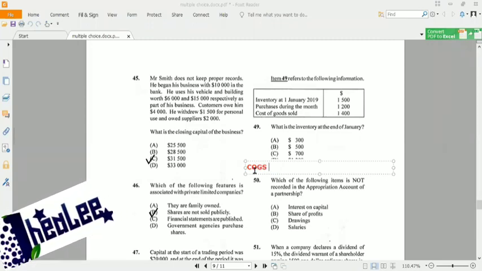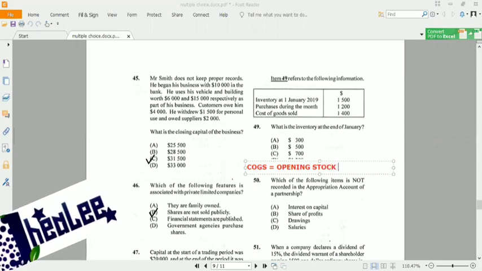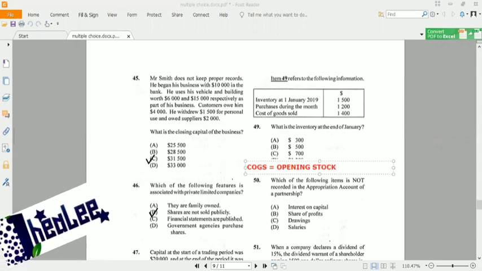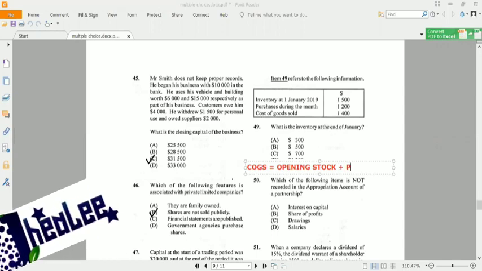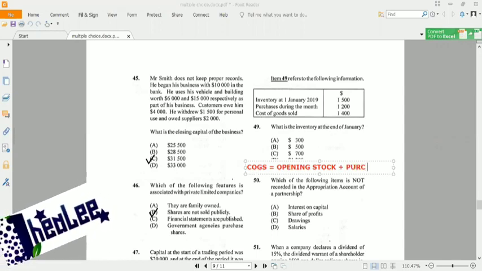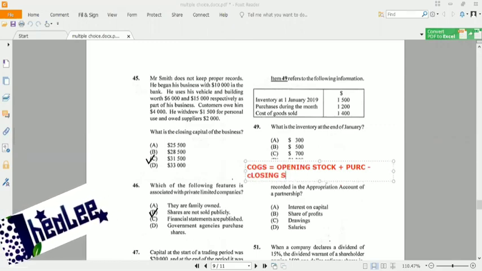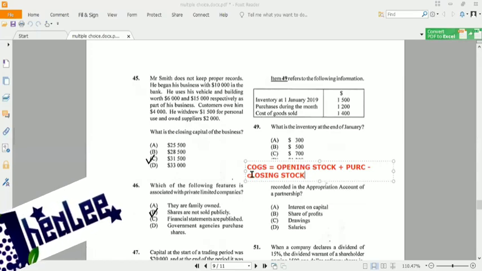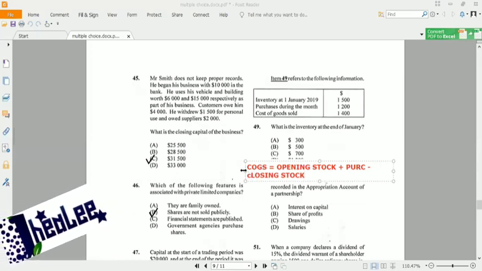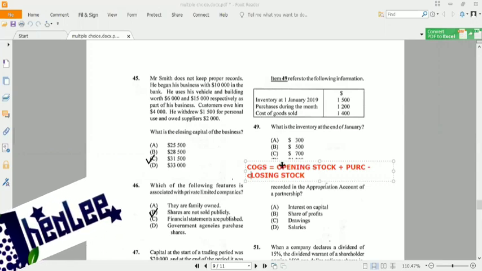So COGS is equal to your opening stock, add purchases, minus closing stock. All right? That is the knowledge that you're using to ascertain the response for this.